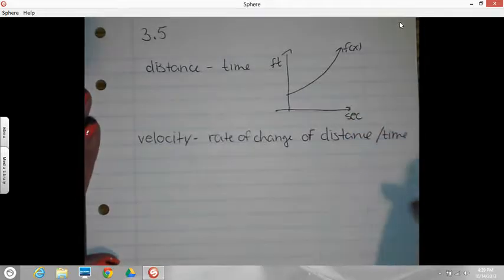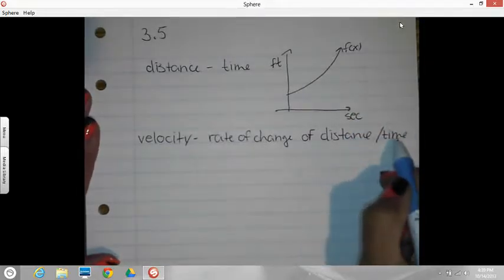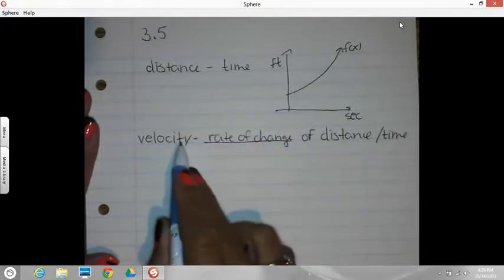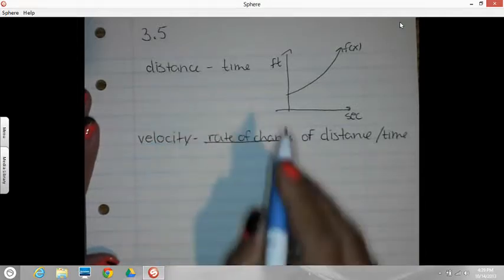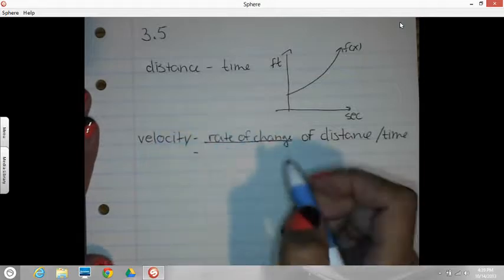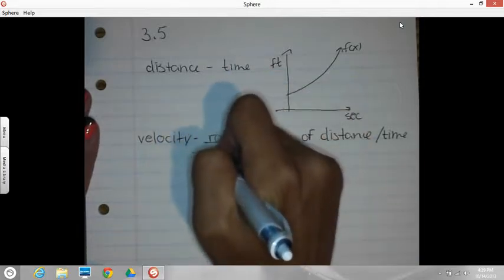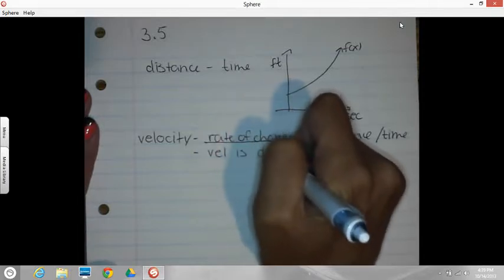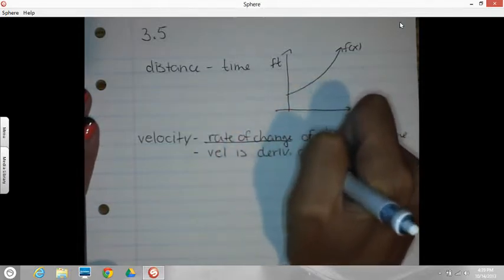So we're talking about the change in distance over the change in time, and because it's a rate of change, velocity is a derivative of distance. So velocity is the derivative of distance.